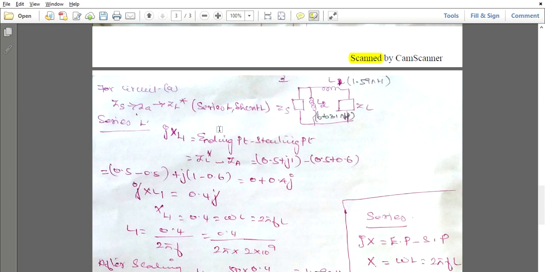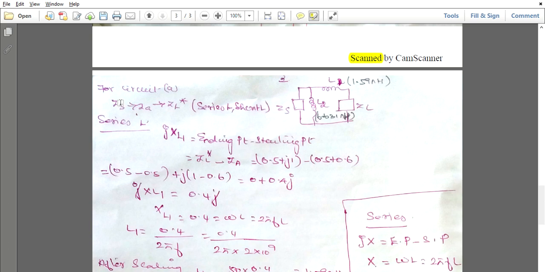If the element is series, you have to take the ending point impedance minus the starting point impedance. If it is a shunt element, you have to take the starting point impedance minus the ending point impedance. So for example, these are the two impedances for the particular component.